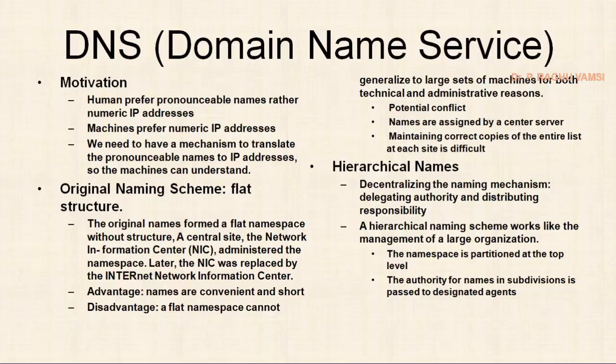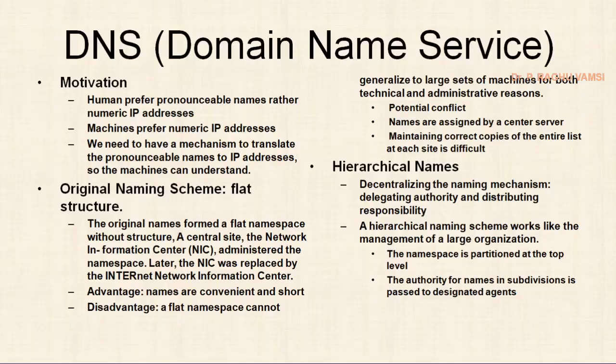But the machines prefer the numeric IP addresses. So how can you remember all the IP addresses? It is very difficult to remember all IP addresses. You can remember google.com, yahoo.com, or rediff.com, or any other email website names, but you cannot remember the IP address of them. So that is the reason we need a mechanism to translate the pronounceable names to the IP addresses, so the machines can understand.